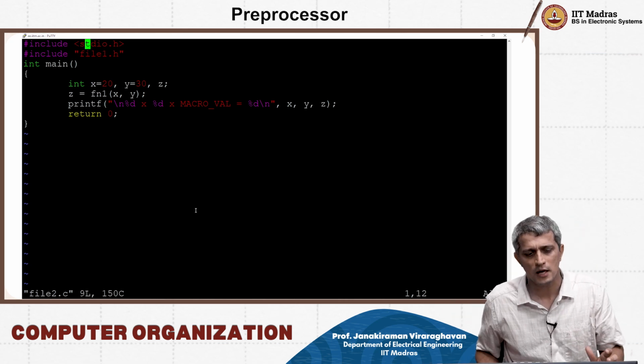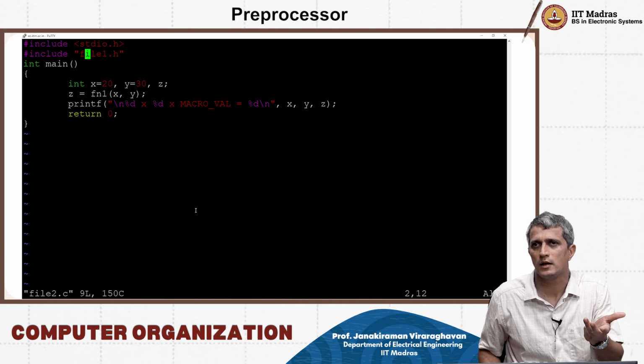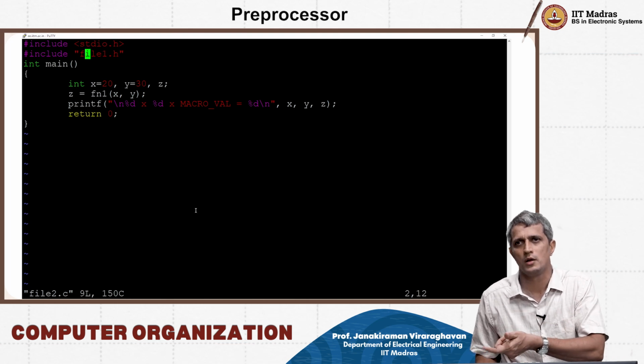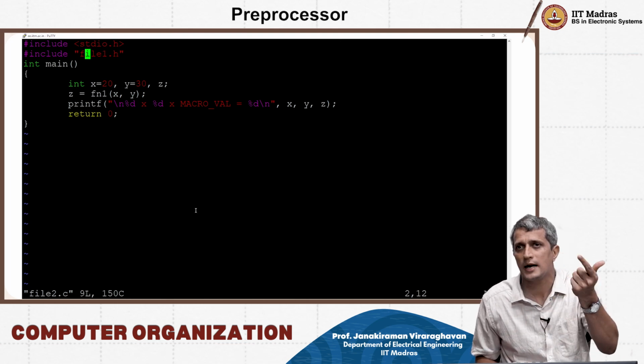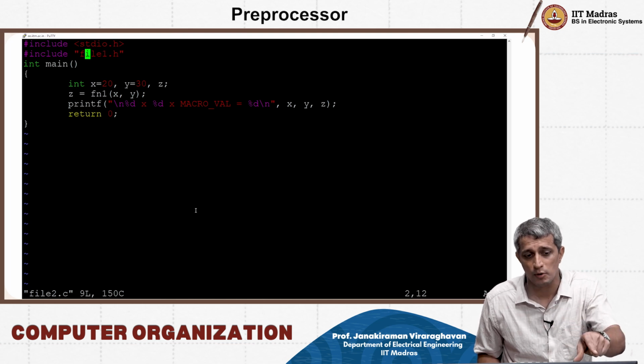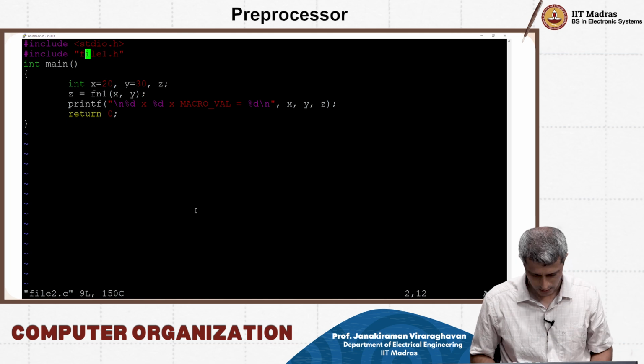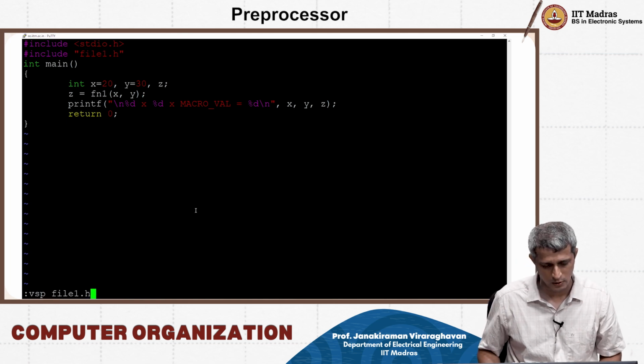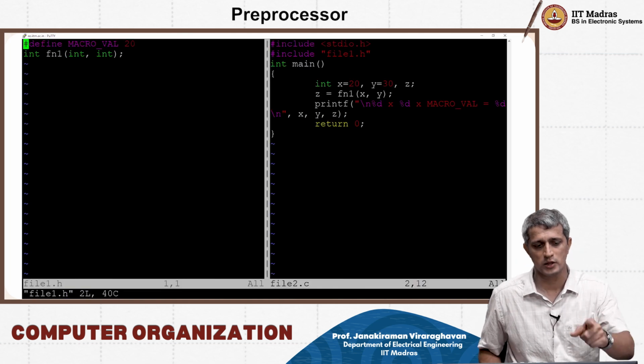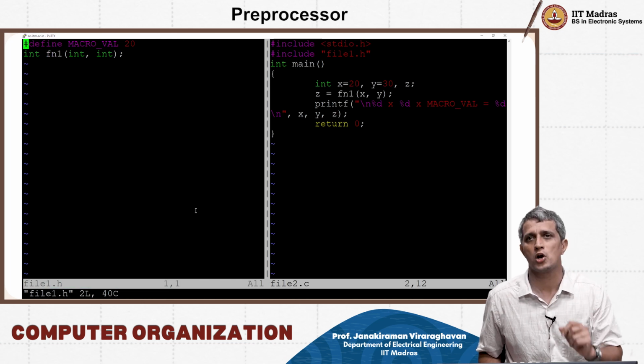And file1.h, again, what is file1.h? We just saw the function declaration and that macro, right? It will get replaced. The #define MACRO_VAL 20, right? So let me just show you that again. Again on the left is file1.h.